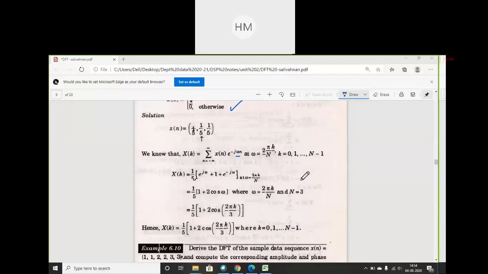So these are my sample values given to you, x of n. So very simple numerical, determine 4-point DFT for x of n, 1, 2, 3, 1. Now what I have to find? I have to find x of k over here.